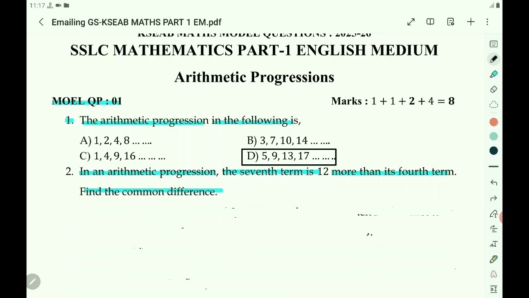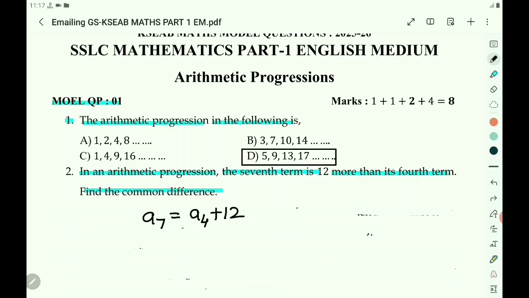So you take A7 is equal to A4 plus 12. 7th term is 12 more than 4th term, means A7 is 12 more than A4.